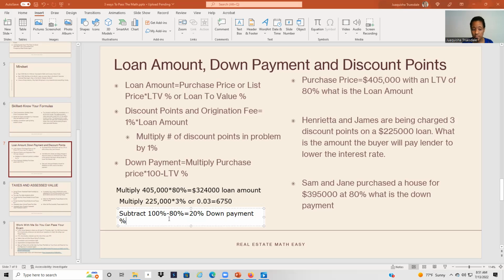And then all you have to do is just multiply 395,000 times 20% equal to down payment. And that's equal to 79,000. That's the down payment. And that's how you do that one.